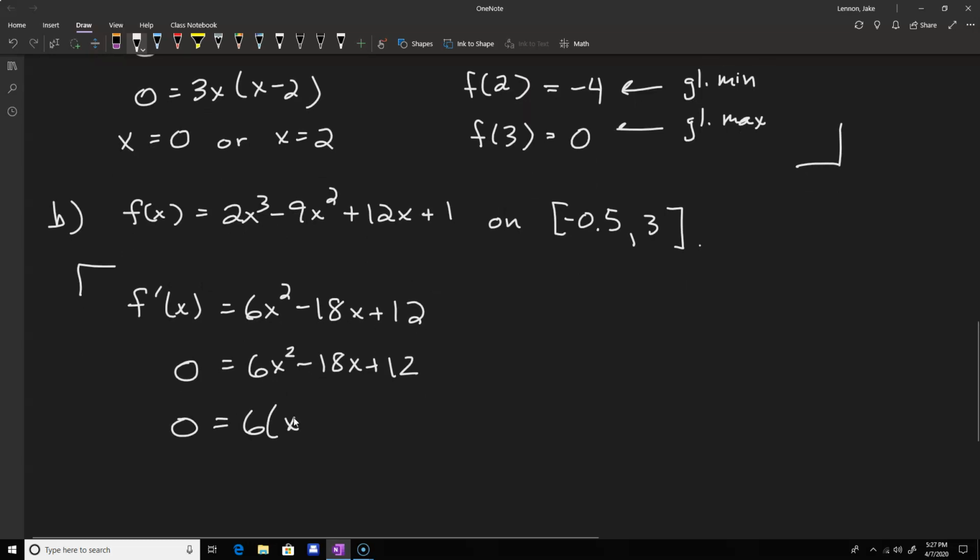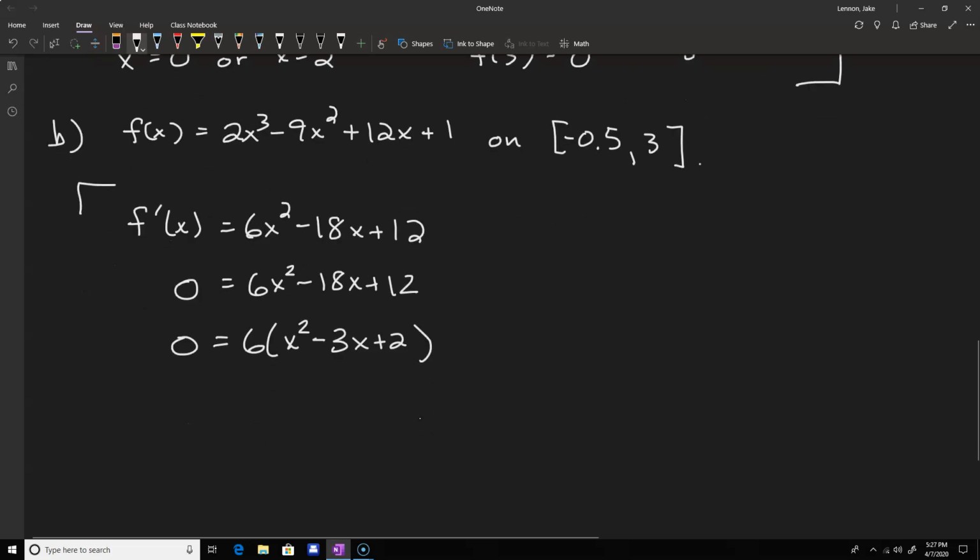So we get 6 times x squared minus 3x plus 2, and then that resulting polynomial will factor into x minus 2 times x minus 1. So we get 6 times the quantity x minus 2 times x minus 1. So the two critical values we see here are x equals 2 or x equals 1.